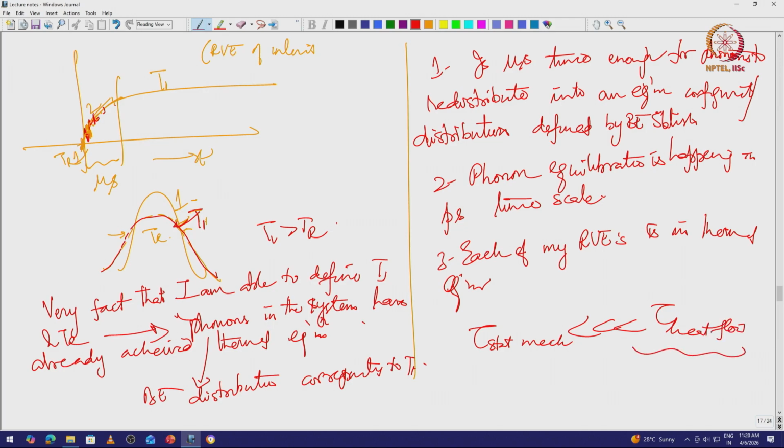So with respect to heat flow, the entire thing is in steady state. This is steady state, but with respect to StatMech, every individual RVE is in equilibrium with itself in some sense, right. Every individual phonon population is in equilibrium with itself, and that is what one needs to reconcile.